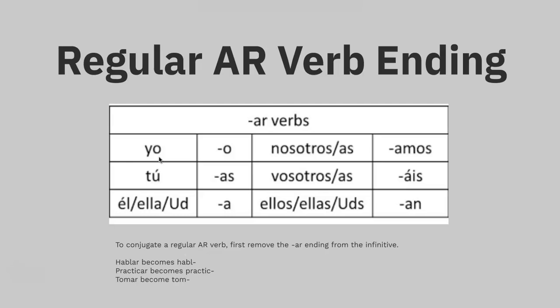So again, it'd be like yo hablo, tú hablas, él, ella, usted habla, nosotros hablamos, vosotros habláis, ellos, ellas, or ustedes hablan. So those are going to be really important for you guys to remember. And if you guys can take a second to make a little chart of these AR verbs for your reference, because you're going to need these for an activity we're doing at the end, and also for your homework tonight too.